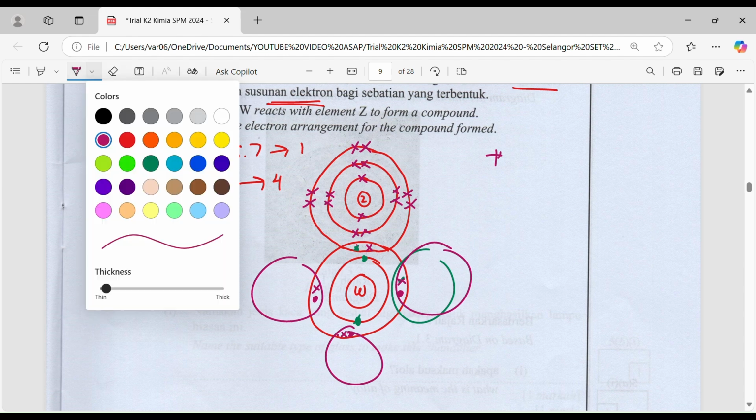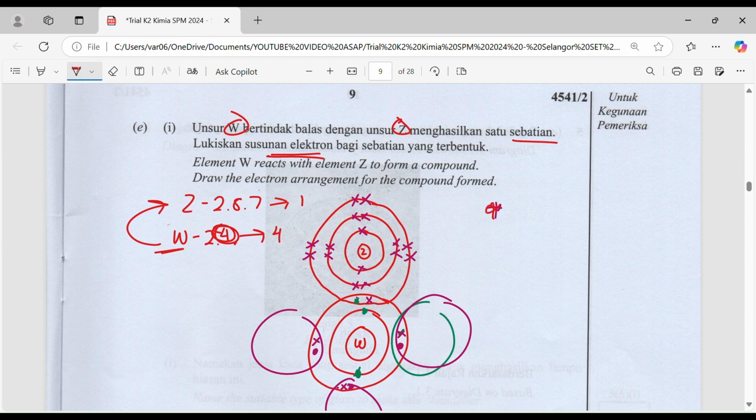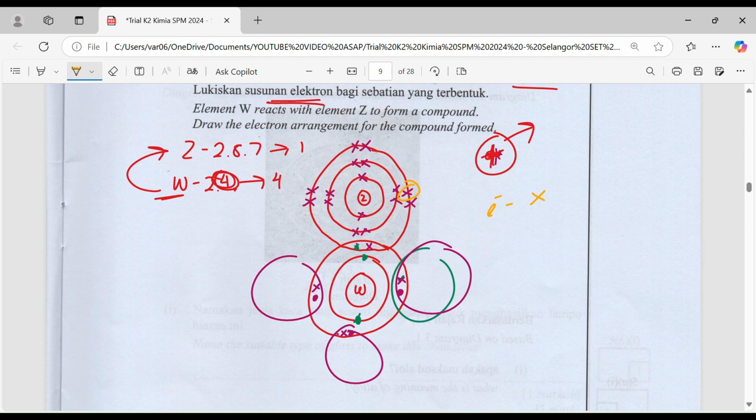So, if let's say they ask you to draw its electron arrangement, susunan electron, something that you have to remember is that you look at this, right? Here I used X. I represented electron as a symbol of X. Whereas for atom W, I represented the electron as a circle here, right?